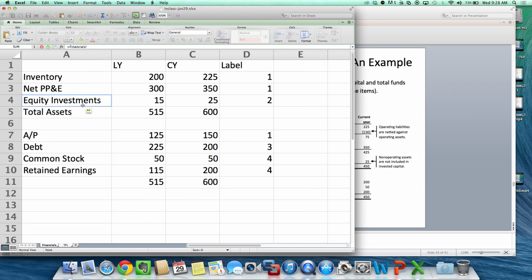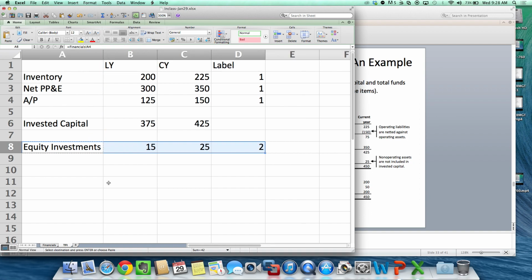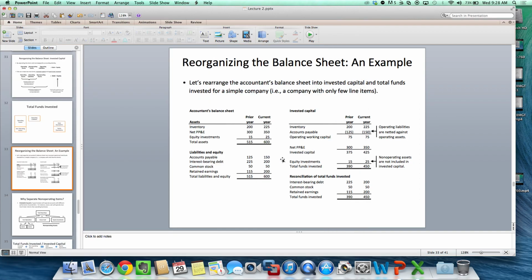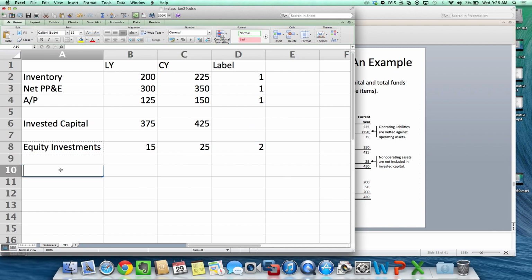In this case, my equity investments. That's the only 2 I have. If I had any 2 liabilities, I'd put them on there and subtract them. And that gets me TFI, which equals my invested capital plus my equity investments.